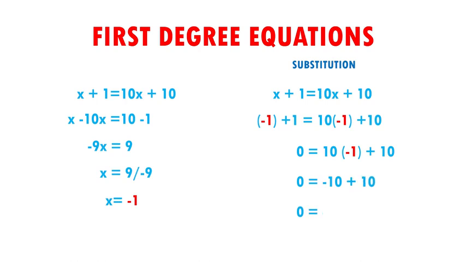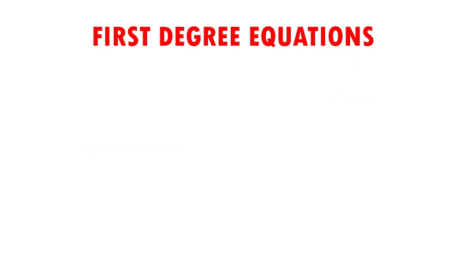I have that 0 is equal, and negative 10 plus 10 is equal to 0. 0 is equal to 0. As both sides of the equation are equal, the result is correct. Very easy, right? Let's see our last example.